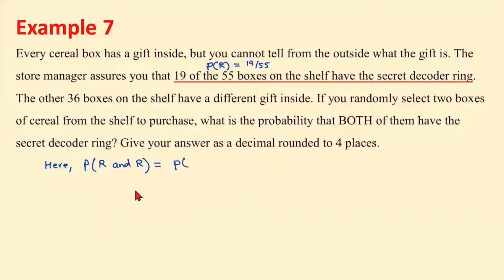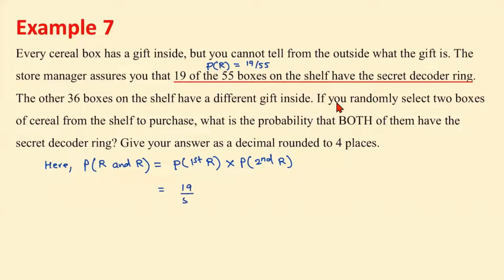So the probability that the first one is a ring, times the probability that the second box also has the secret decoder ring. Out of 55 boxes, there are 19 with the ring. So the probability that the first one will have the ring inside is 19 out of 55.